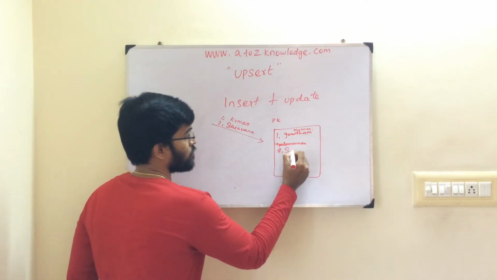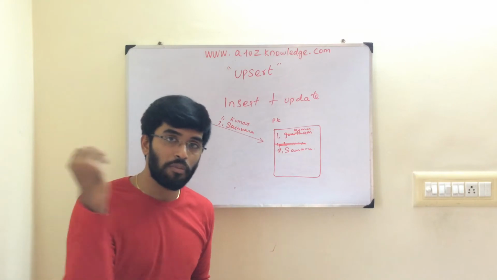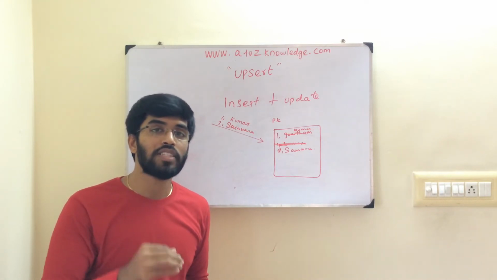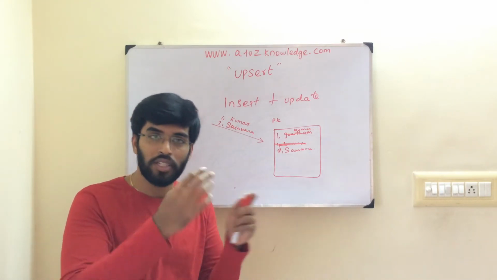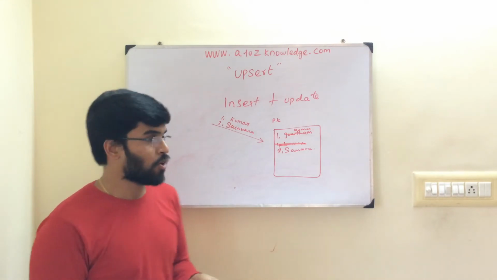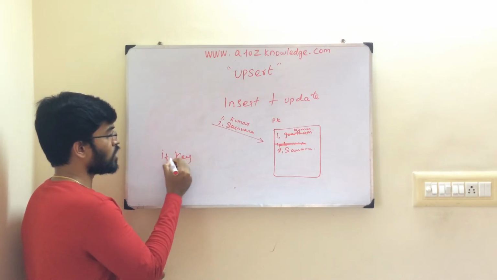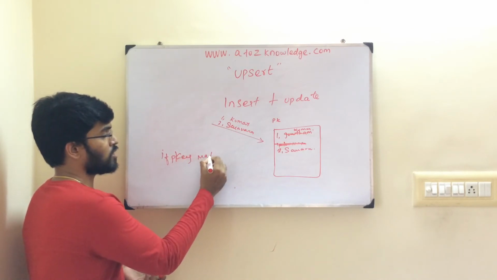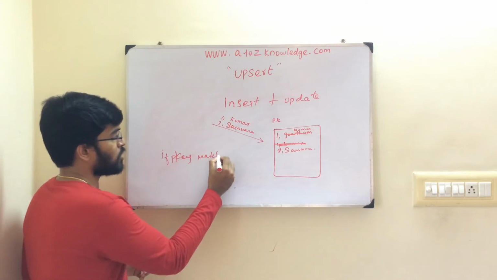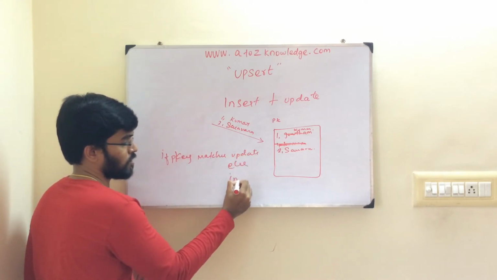So you have millions and millions of rows coming to your table. You cannot manually sit and check whether I have to do an insert or an update. So we have to write some conditions. For example, I am writing a condition, in pseudocode: if the primary key matches, update, else insert.